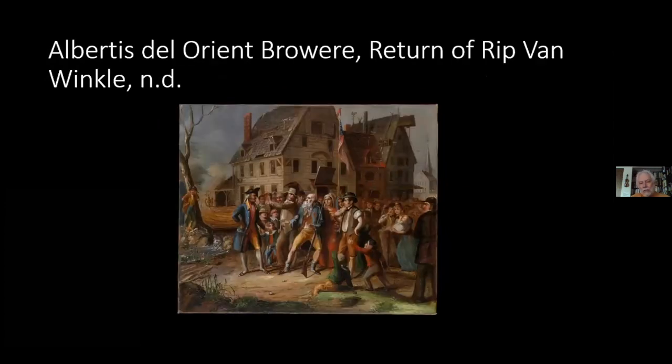One of Quidor's students, with the remarkable name of Albertis del Orient Browere, did a lot of genre subjects, but also took on the subject of the return of Rip Van Winkle. And we can see how it's somewhat similar in showing Rip returning and the young son over there.